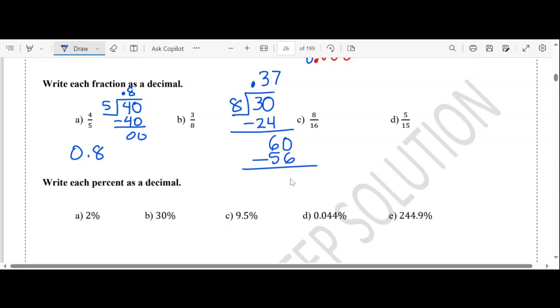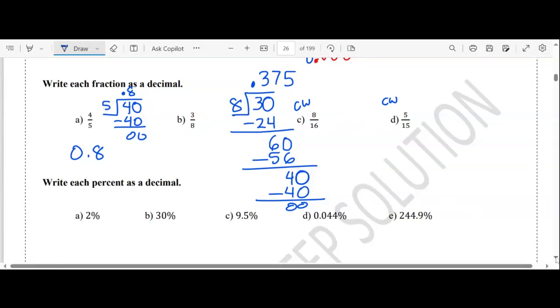What are you going to get? 4. 8 goes to 4 how many times? Cannot, right? So I have to add what? 0. 8 goes to 40 how many times? 5, right? And you put 40 here, and you get 0. So that's your final answer. Clear or not clear? And this one is classwork. You need to do this for classwork.